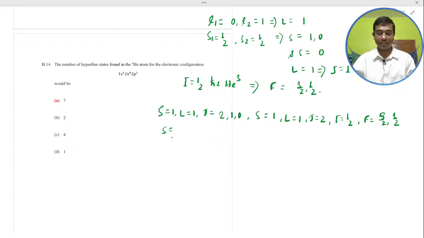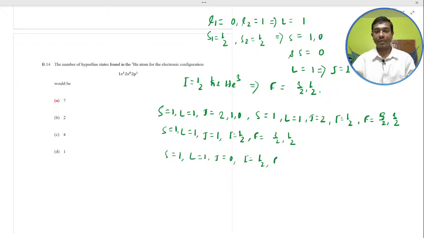Another combination: S1, L1, just write the permutation combination, class 12, J1, I half, F 3 by 2, half. Next S1, L1, J0, I half, F half.